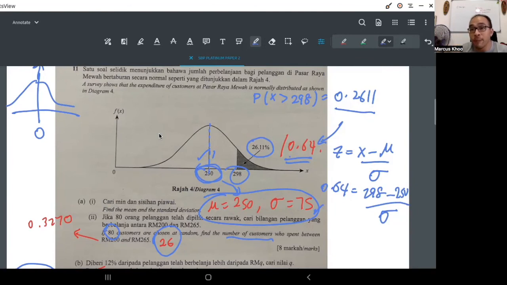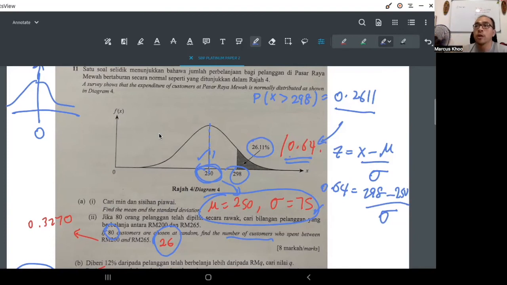If you notice that paper 1 ada banyak soalan binomial distribution, then you will think that maybe paper 2 they will focus on normal distribution. It has happened before. In previous years, paper 1 semua soalan normal distribution saja yang keluar, and then paper 2 only binomial distribution. Usually it's the same lah.